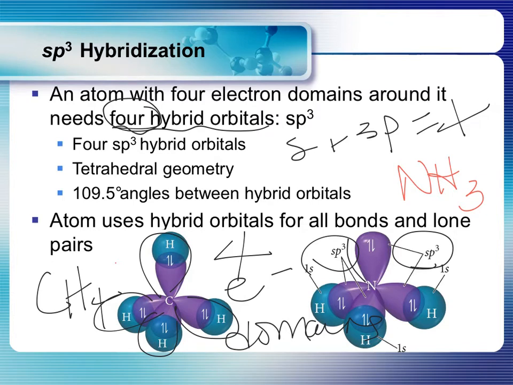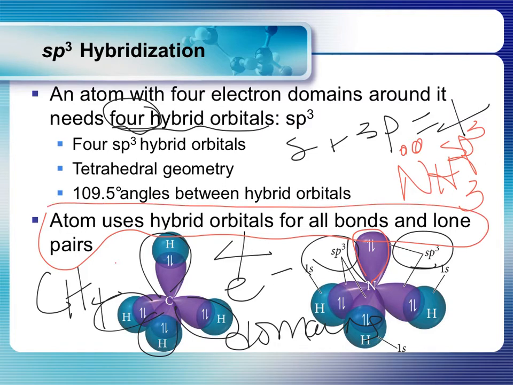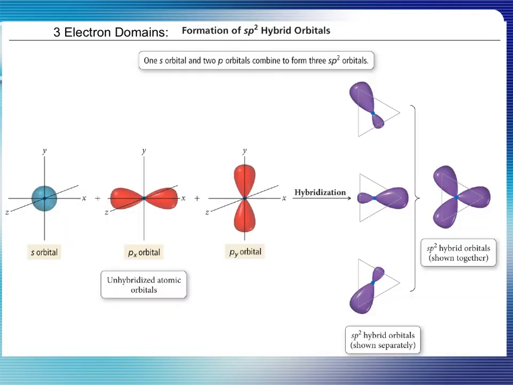If you draw the Lewis dot structure for ammonia, you find there's a lone pair on the nitrogen, and that there are, in fact, 4 electron domains. So ammonia also needs sp3 hybridization. And it's good to keep in mind that hybrid orbitals are used for bonding electrons and to hold lone pairs of electrons. So in the case of ammonia, one of the sp3 orbitals holds the lone pair and the other 3 hold the bonding electrons.